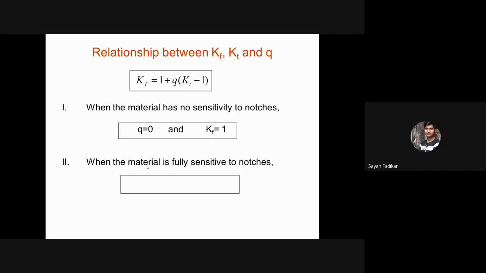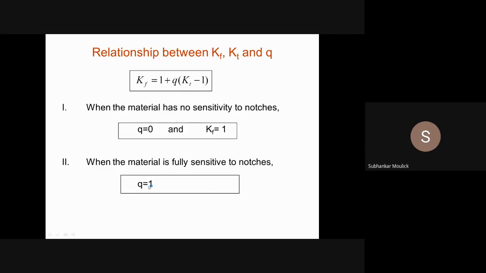Yes, sir. So if a component is subjected to notches, that means there will be sensitiveness of that notch. If the notch is fully sensitive, then in the given expression, what will be the value of Q?